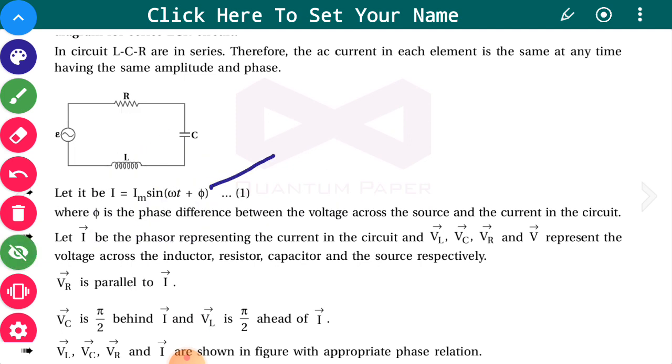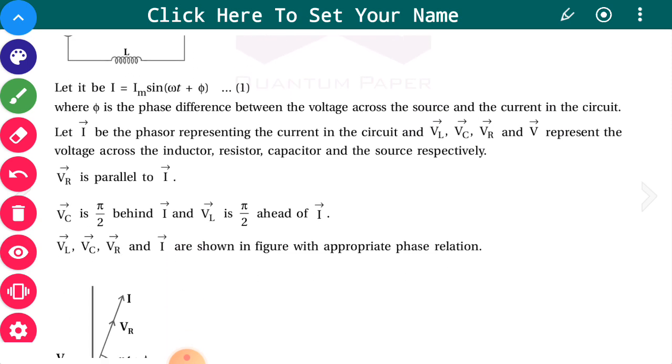Now see, the voltages across this inductor, capacitor and resistor are VL, VC and VR. Right now it has been shown by a vector. They are not vector quantities, but we show them as phasors because we want to show them as rotating vectors.